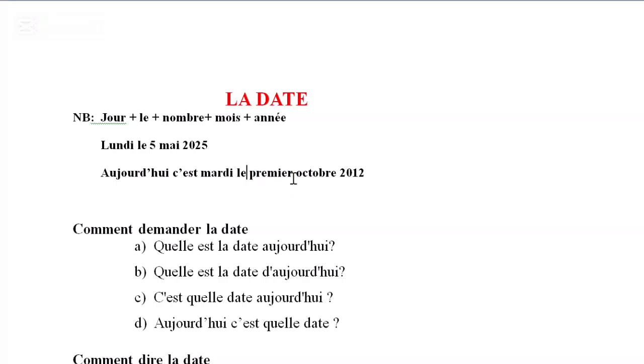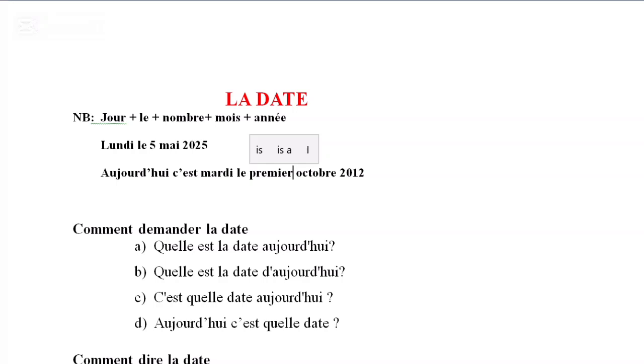We don't use a cardinal number for the first of the month. We use an ordinal number. That is why we are writing premier. First of every month, we use le premier.